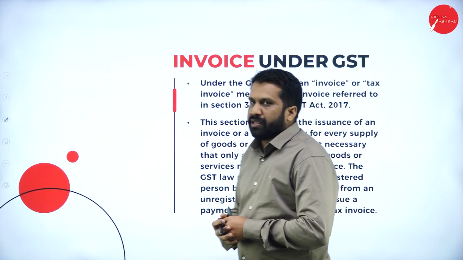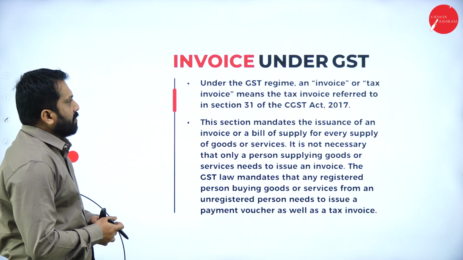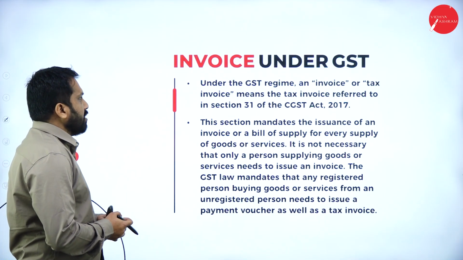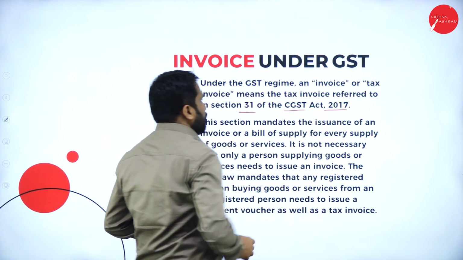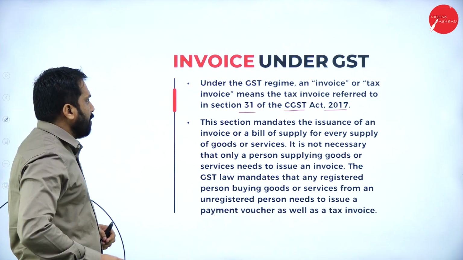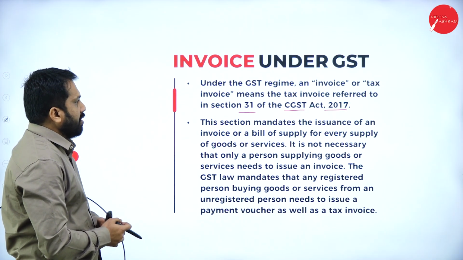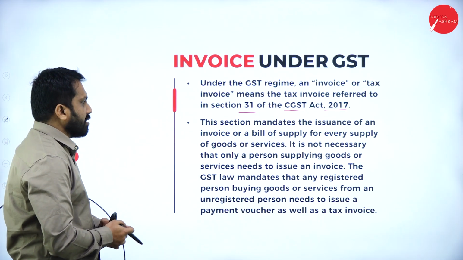Along with that, under the GST regime, an invoice or tax invoice refers to Section 31 of the CGST Act, 2017. This section mandates the issuance of an invoice or a bill of supply for every supply of goods or services.